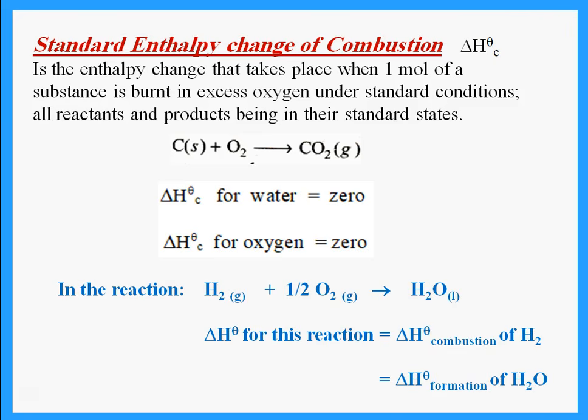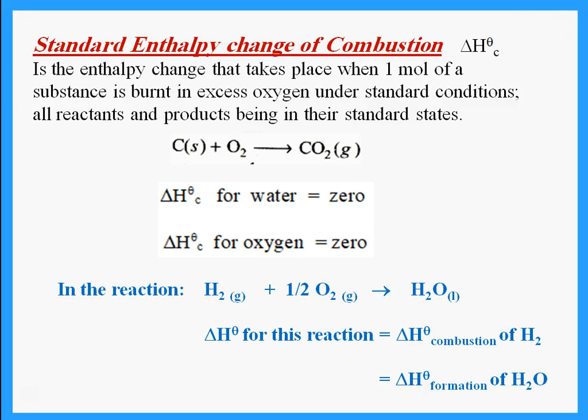So if I write this reaction, hydrogen plus oxygen to give water, this would be the reaction for delta H of what? Well, here this is a reaction in which you have burning of hydrogen to give water. So this is actually the reaction for the enthalpy change of combustion of hydrogen. But it's also something that forms 1 mole of water.